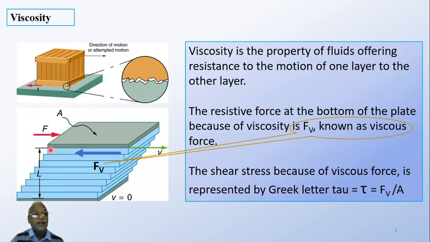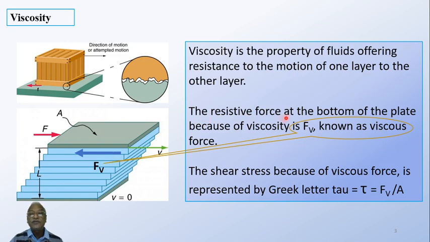You can imagine a layer of molecules there, and a second layer of molecules, next layer of molecules, and so on. Now here also, the top surface, there is some plate, let us say, and this is being pushed. When you push it, the liquid beneath may not readily give way. So it offers resistance, and that resistance in the fluid we call viscous force, and the property which offers a resistance of motion in fluid is named viscosity.